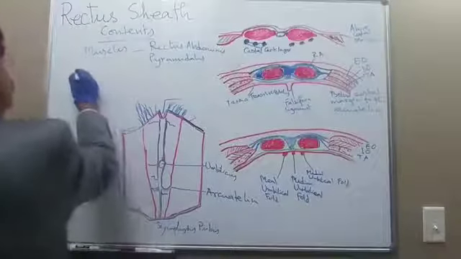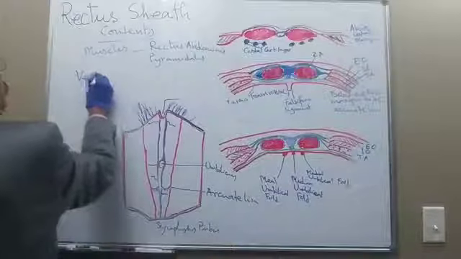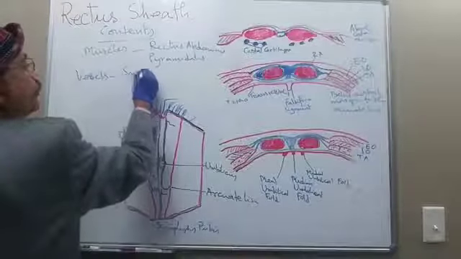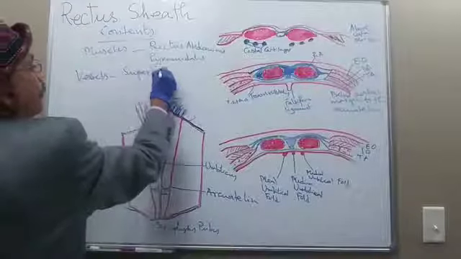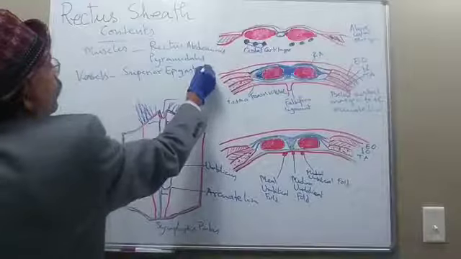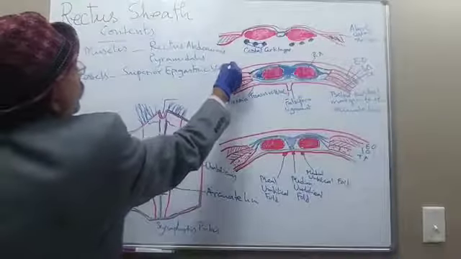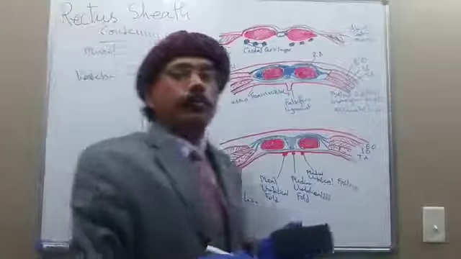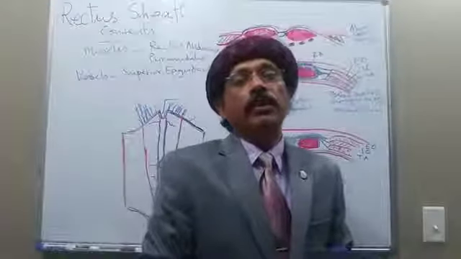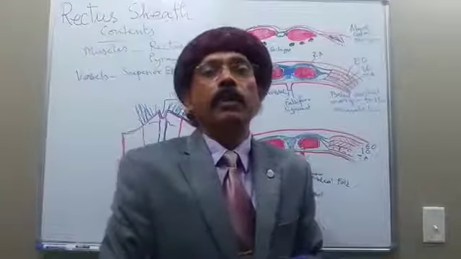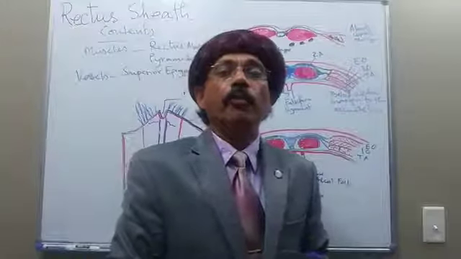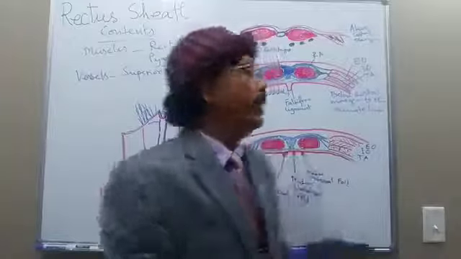How about the vessels? We'll get superior epigastric vessel, that means superior epigastric artery, superior epigastric vein. Superior epigastric artery is a terminal branch of the internal thoracic artery. Superior epigastric vein opens into the internal thoracic vein.